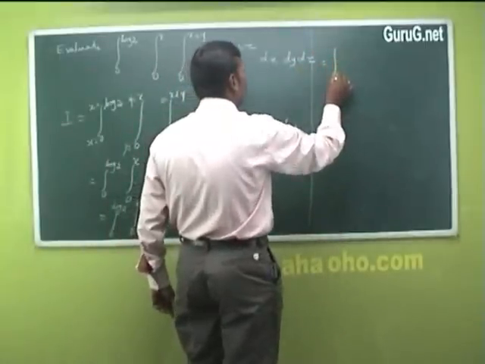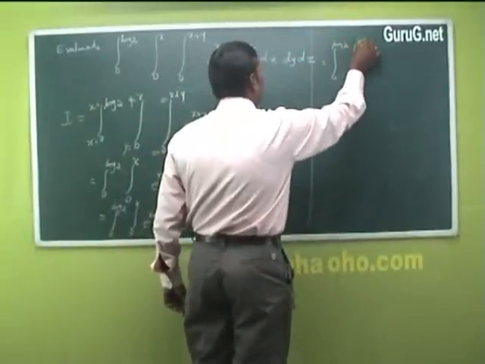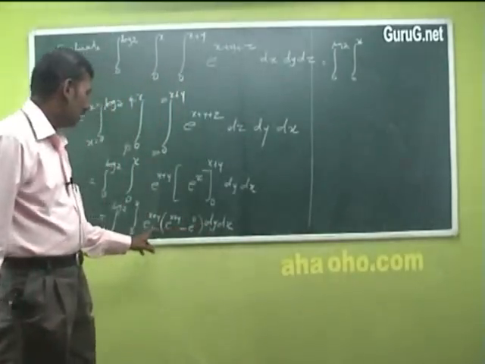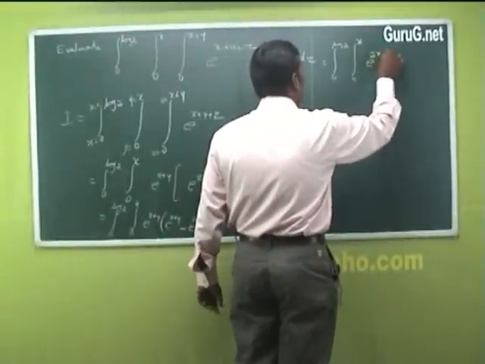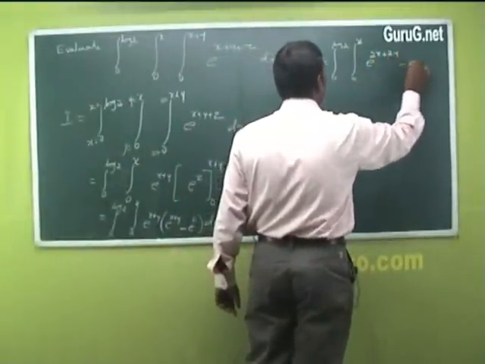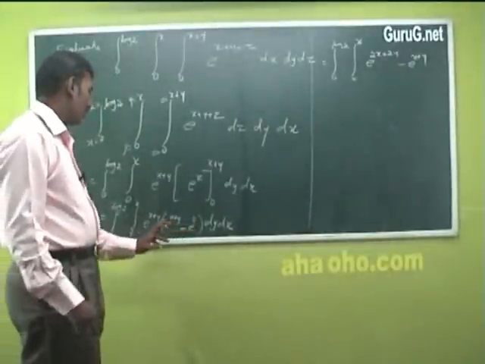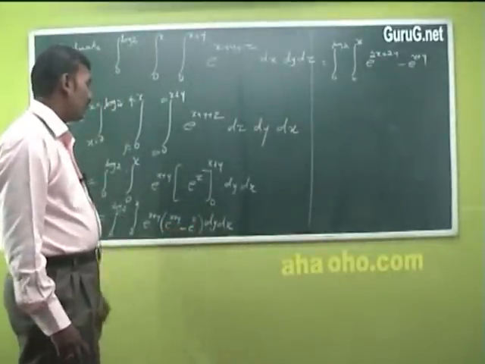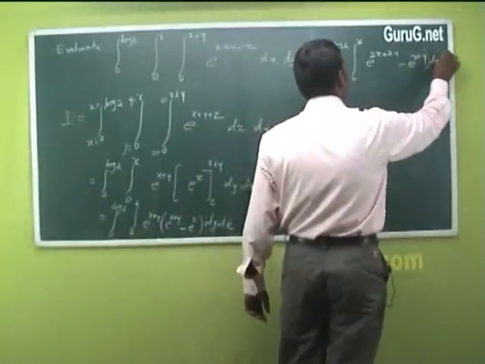The integral 0 to log 2, 0 to x. Multiply these to get e power 2x plus 2y minus e power x plus y. So e power 0 is 1. So you multiply it, so e power x plus y into dy dx.